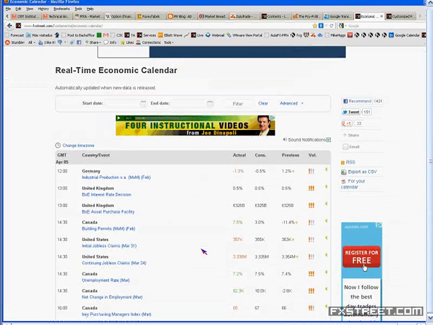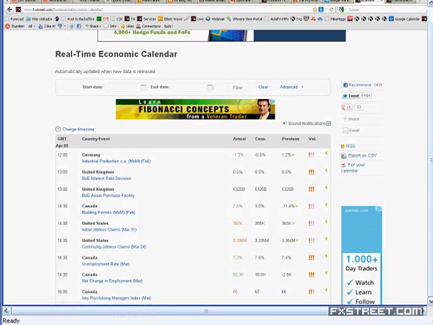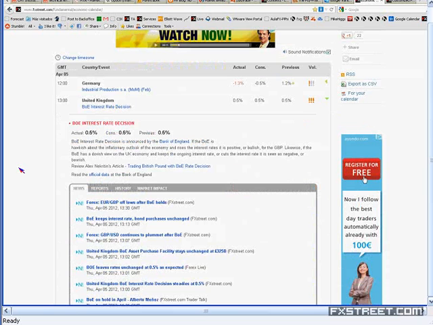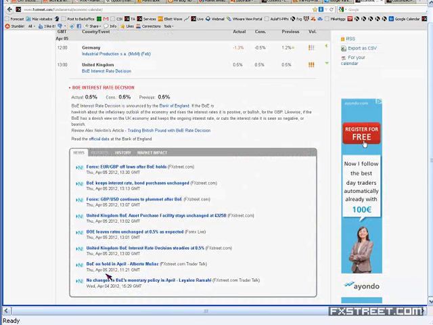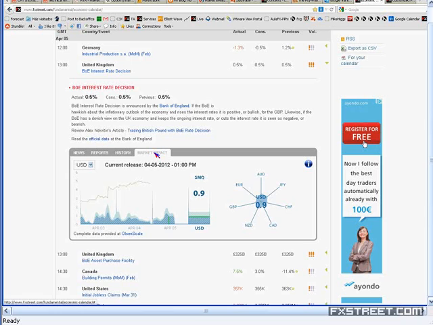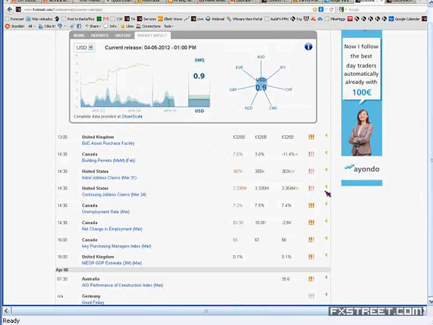So we are here now in the FX Street calendar page, and by expanding each of the economic events or data releases, you can see there are associated news, associated reports, and here you have also a history of the event, and the market impact is measured with a scale.